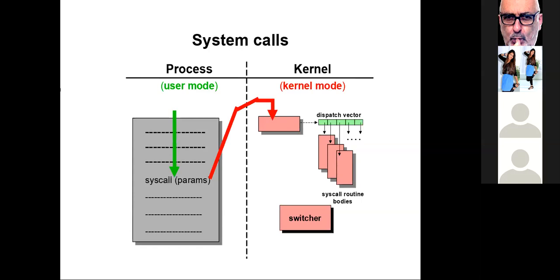As soon as you issue a system call, you jump in kernel mode. So the process is temporarily suspended and the kernel runs. And it raises an interrupt inside the kernel, just like an interruption from external hardware.